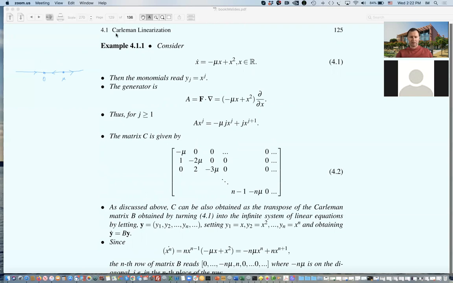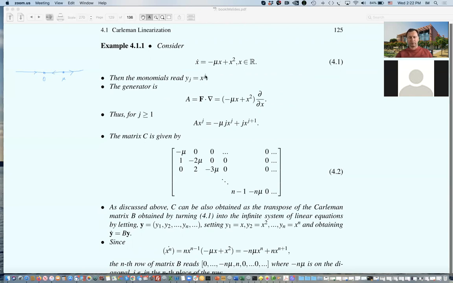And so let's work on the representation of the Koopman operator in this case. x dot is equal to minus mu x plus x squared. In this case, we have a scalar x, and so it's easy to order the monomials. The jth monomial is just going to be x to the power j.